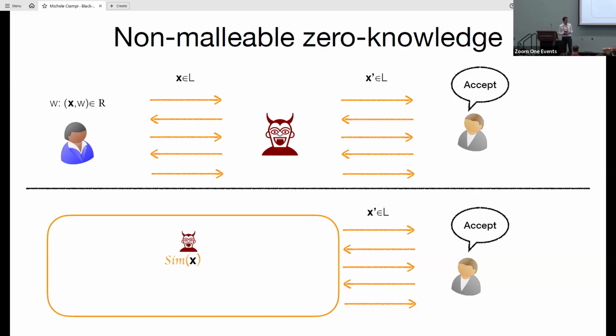In summary, this is formalized by requiring the existence of a simulator that can generate a proof for X prime without having any knowledge about the witness W, which is the witness used by the prover in the left session of the real world.